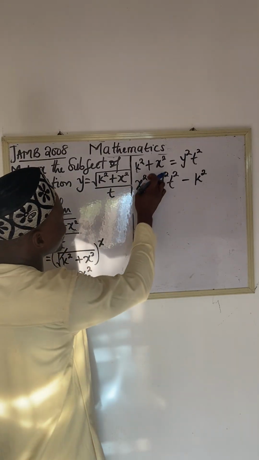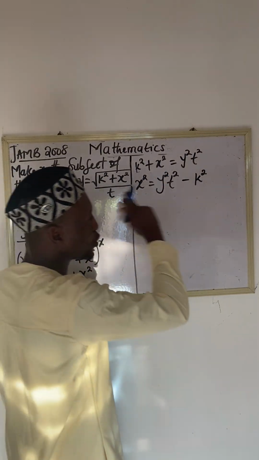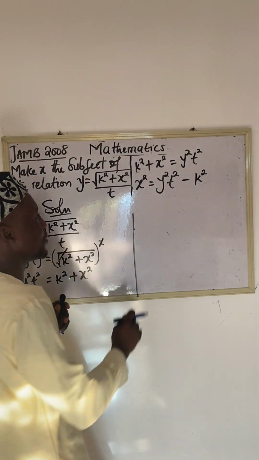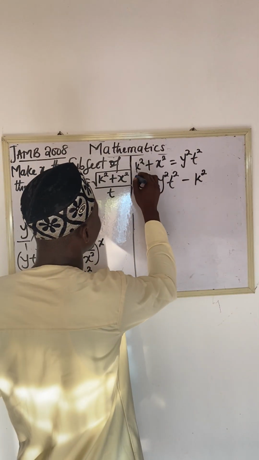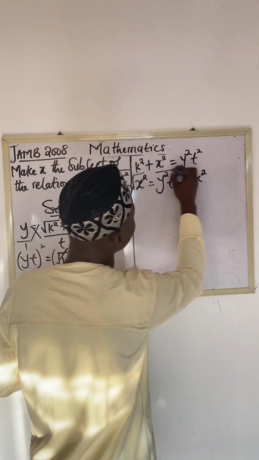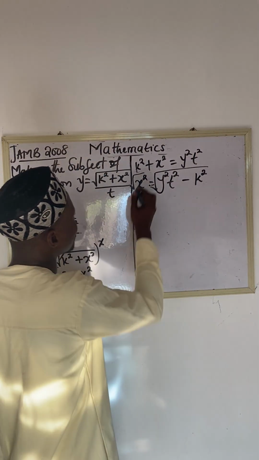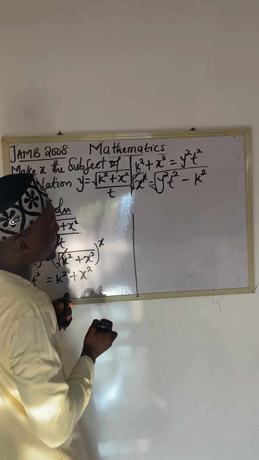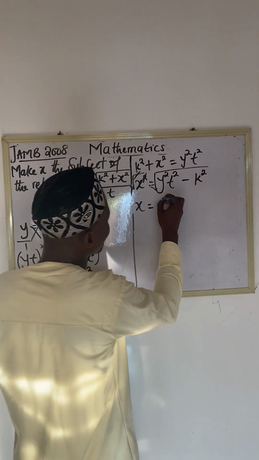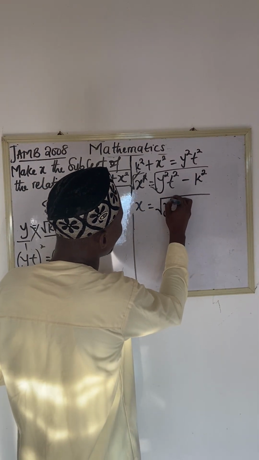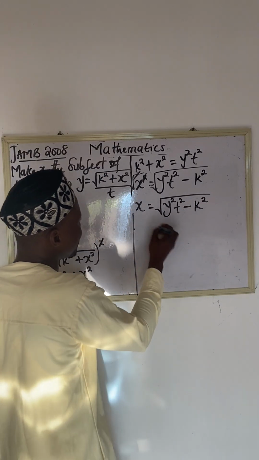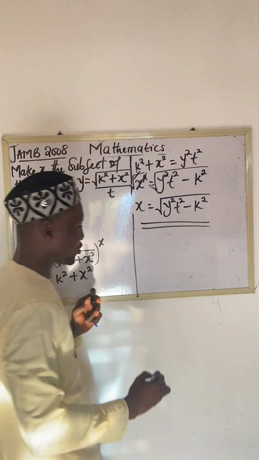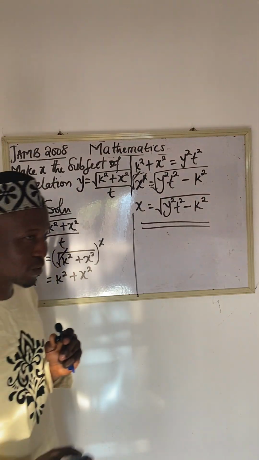Since the x has a square, I'm going to square root both sides so that I'll be able to eliminate the square from it. So I have square root and then I square root this. This gives me the square cancelling the square root. I have x is equal to the square root of y squared t squared minus k squared. Now we can see that x is now the subject of the relation.